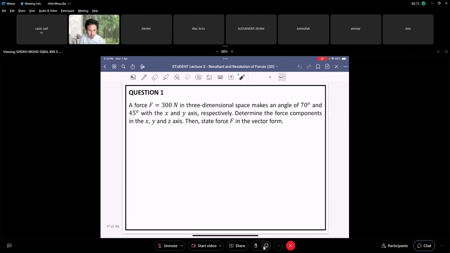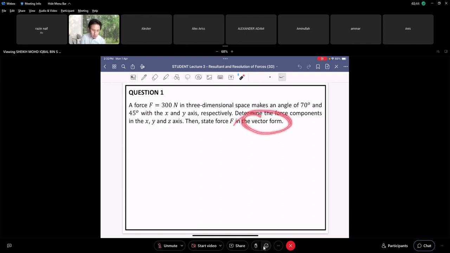Okay, so now we go to the examples to show you how to do this in the calculation part. So a force F of 300 Newton in three-dimensional space makes an angle of 70 degrees and 45 degrees with the x and y axis respectively. Determine the force components in the x, y, and z axis, then state force F in the vector form.